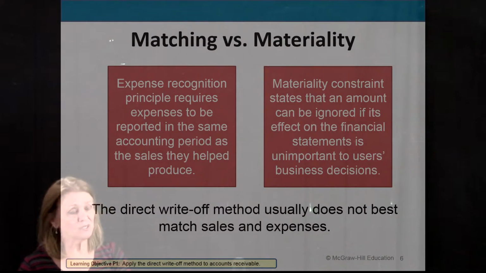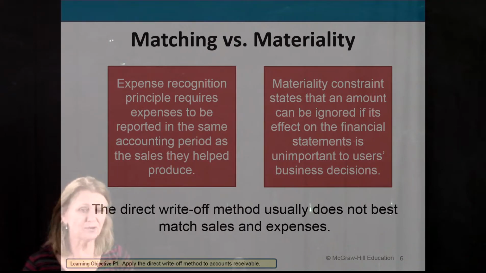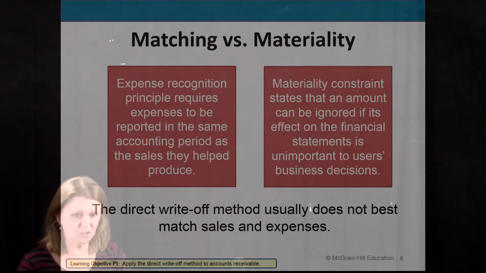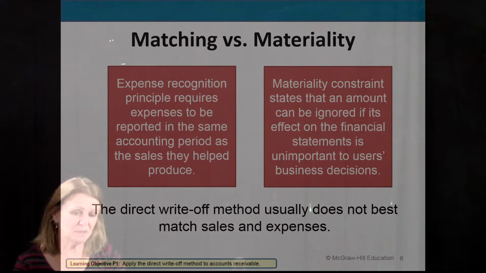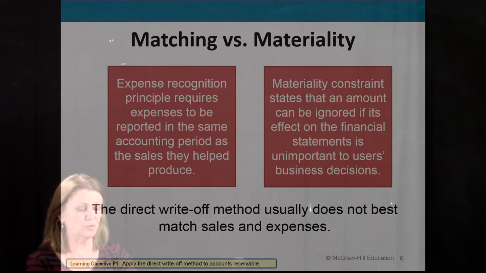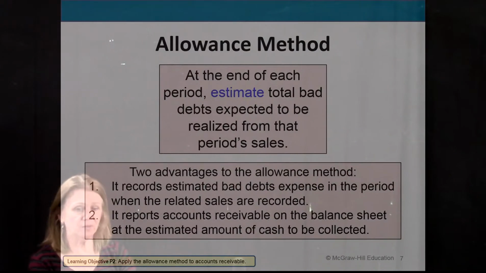So if it's a really small amount and it materially doesn't matter, then it's okay to do a direct write-off. But otherwise, we have to match those expenses to the same accounting period as the sales they helped produce.